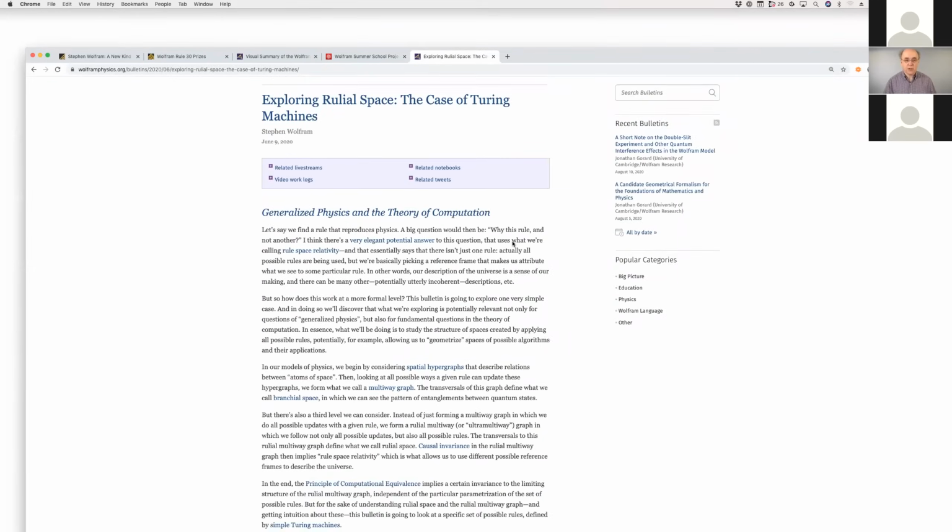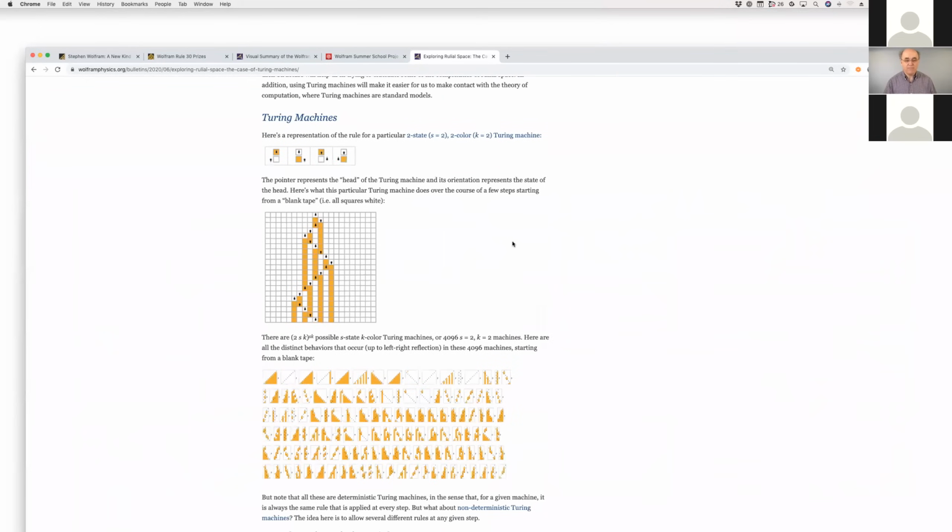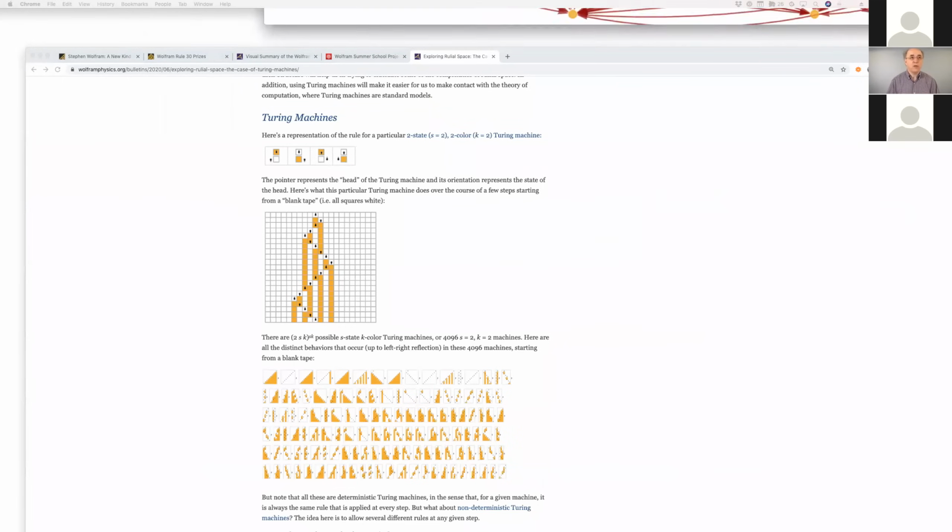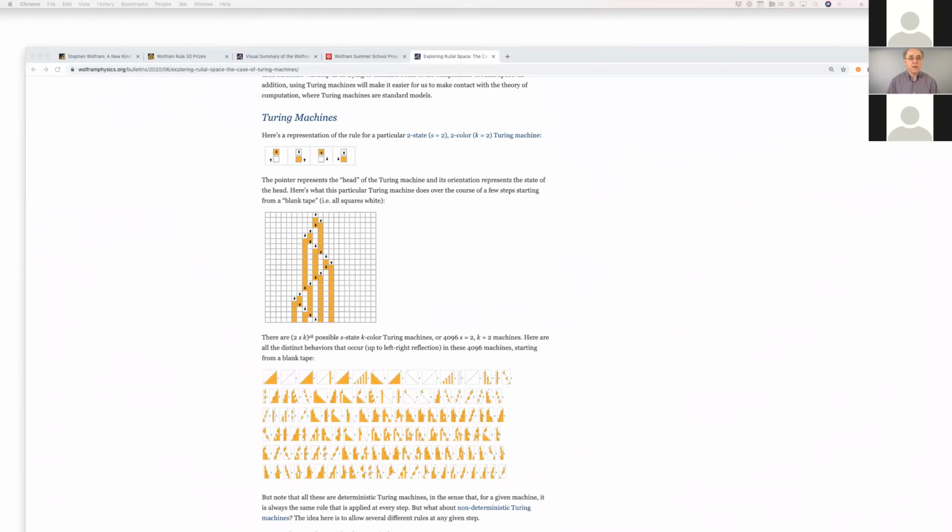So one of the questions is, when we look at this model and we imagine that we have successfully found a rule that reproduces our universe, then we have this bizarre question: why this rule and not another rule? And it's sort of a Copernican moment, because pre-Copernicus, the Earth is at the center of the universe, we're very, very special.